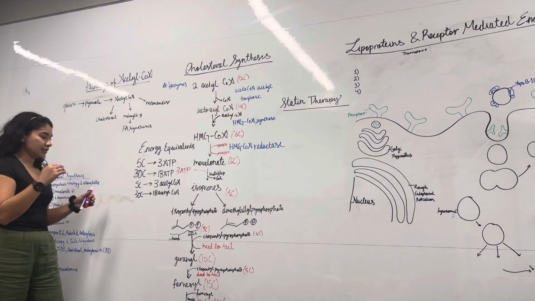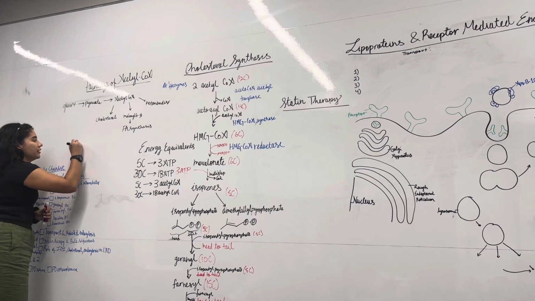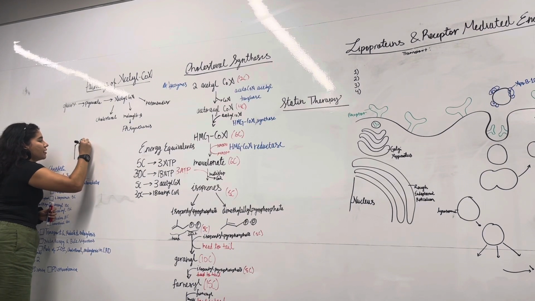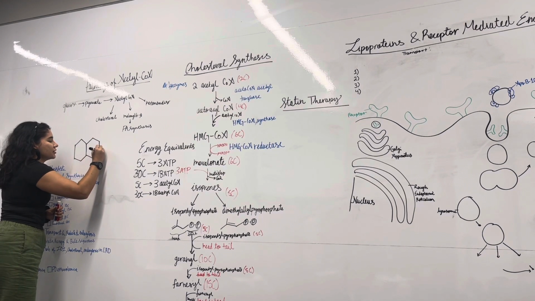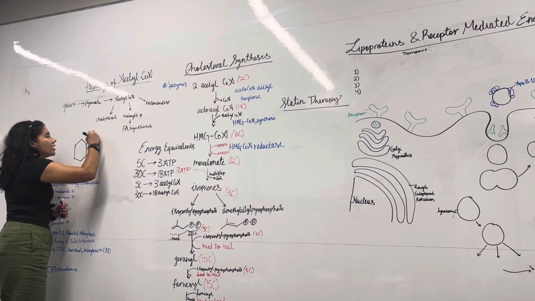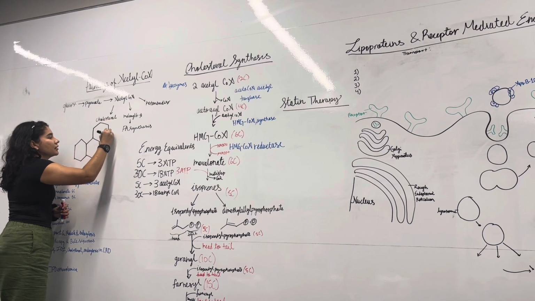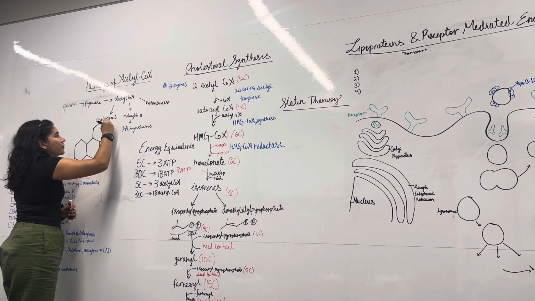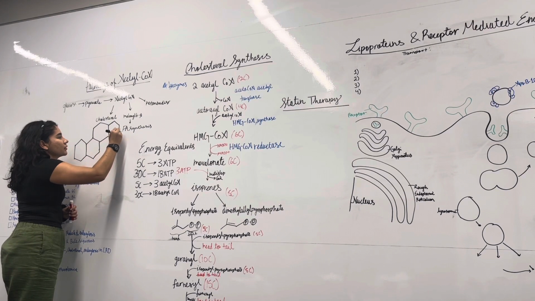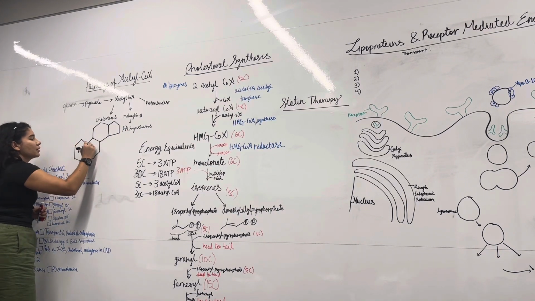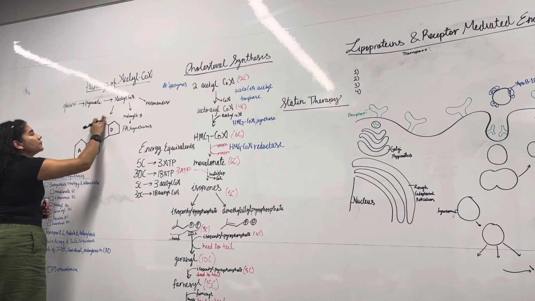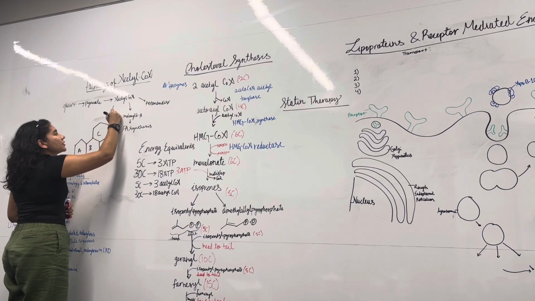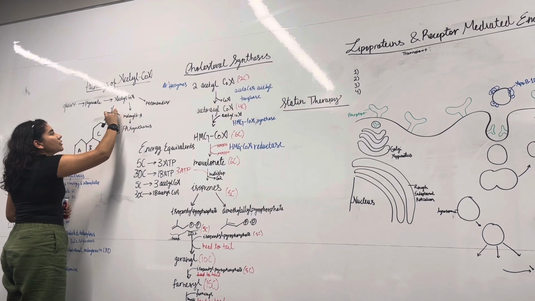So if you take a look at cholesterol, right? We have 2 6-carbon rings and 1 5-carbon ring. A, B, C, D. And then we have something that looks like this.